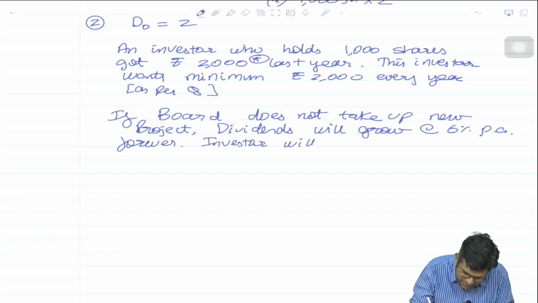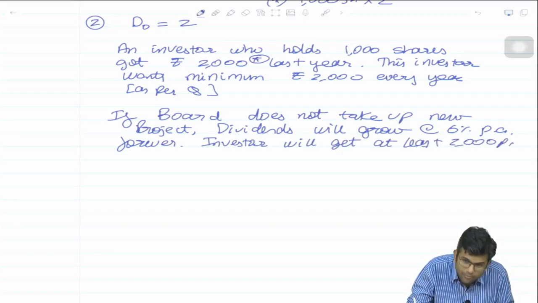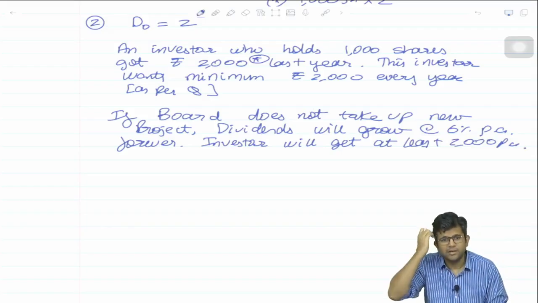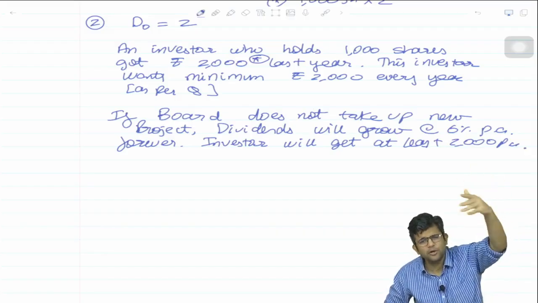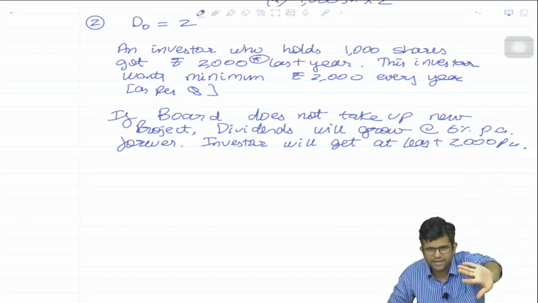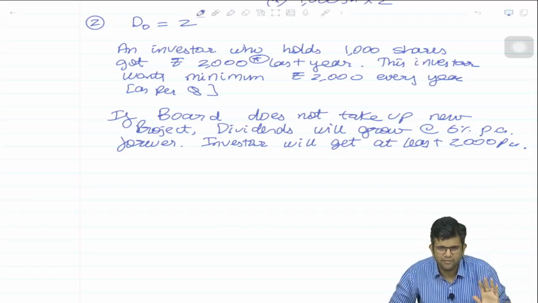The investor will get at least 2000 per annum. Is the story clear? Because already last year 2000 he got, from there 6%, it will grow only from here. Which means, can I say his gift is taken care of? Everyone clear?